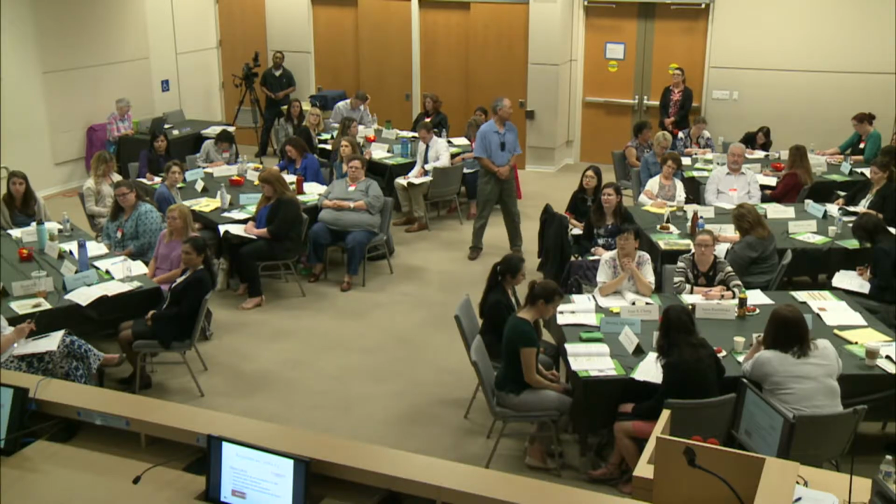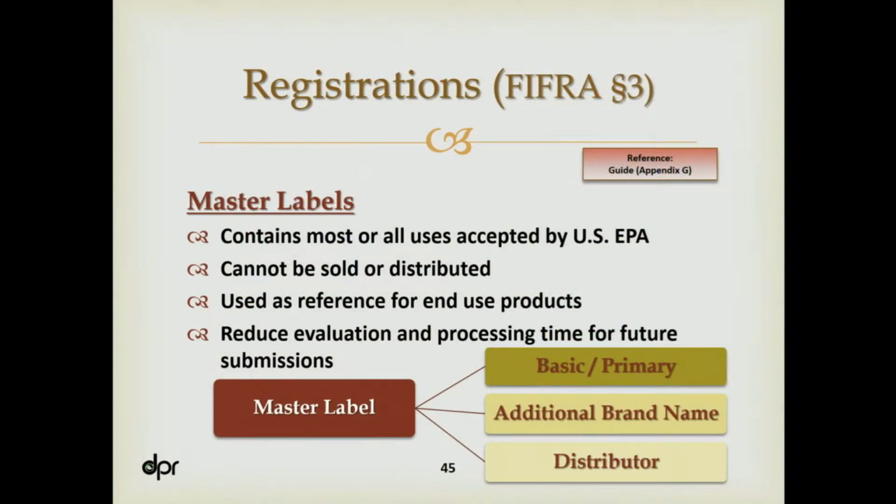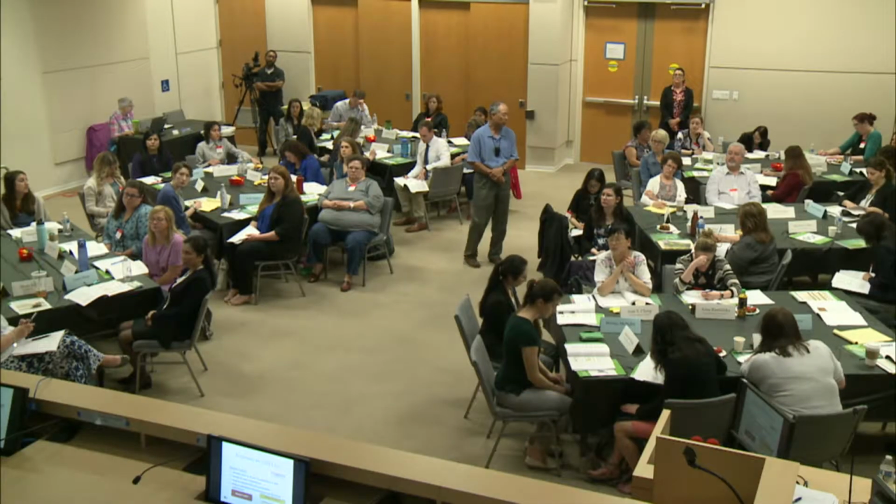Now we have master labels. Some of you folks may be familiar with this. In essence, a master label is going to be registered by the primary, and it's going to be used for supporting either a primary's additional brand name or a distributor registration. And it may have all the uses approved by us, or maybe some of the uses.